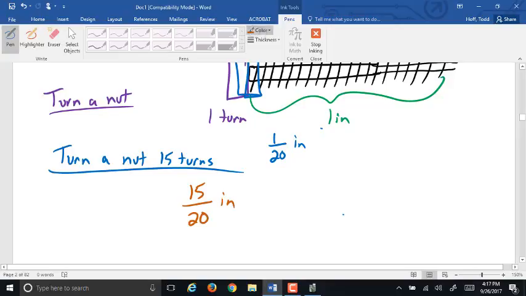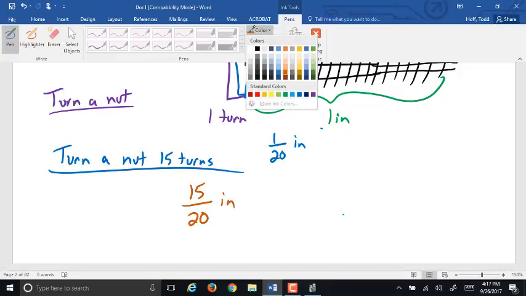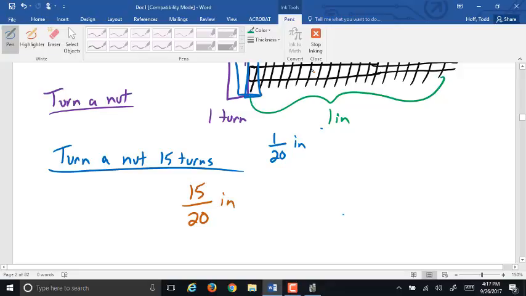Because each turn is 1/20th, 15 turns would be 15/20ths. So to figure out how far it has advanced that nut onto the bolt, reduce that. 15 and 20 can both divide by 5 to give us 3/4 of an inch.